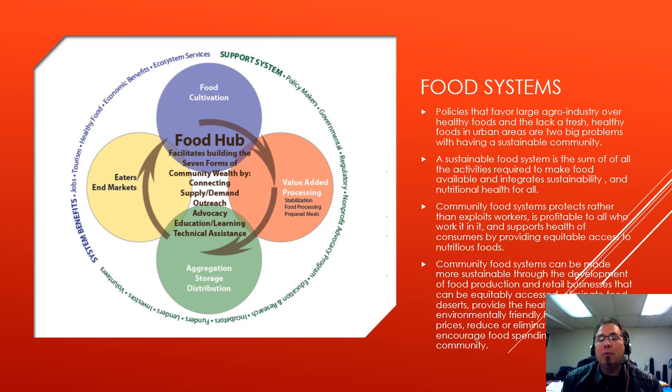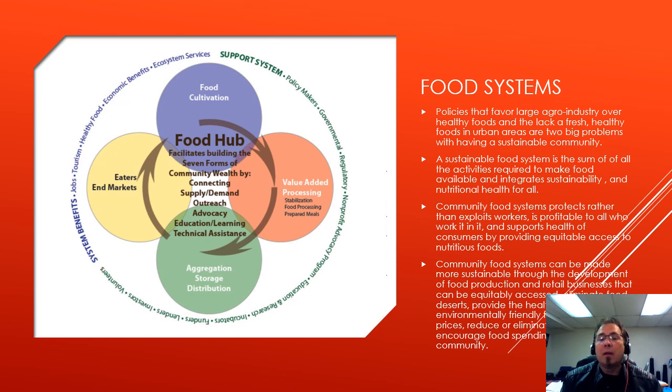Now, community food systems protect rather than exploit their workers. This goes back to that cooperative type thing. Building urban farms, urban gardens, community gardens that are maintained by a cooperative of people does several things.